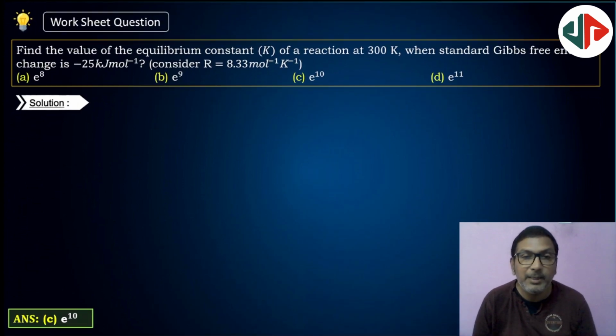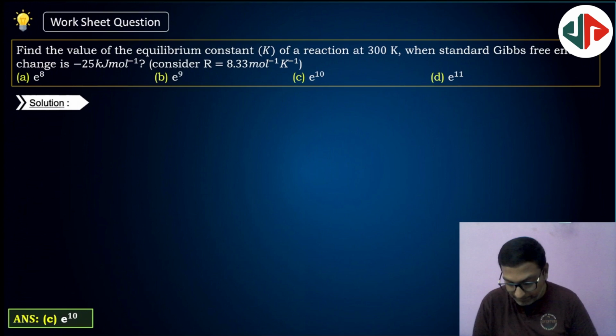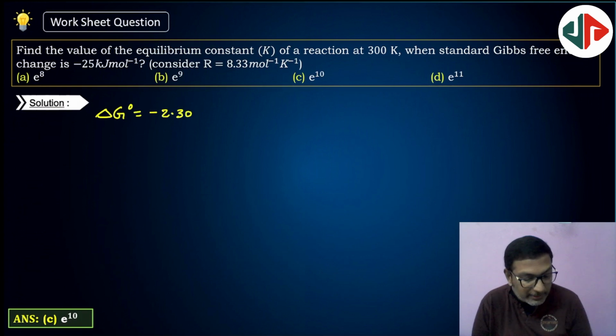Find the equilibrium constant K of the reaction at 300 kelvins when standard free energy change is given. Take R value 8.33. So we know delta G naught equal to minus 2.303 RT log K equilibrium.